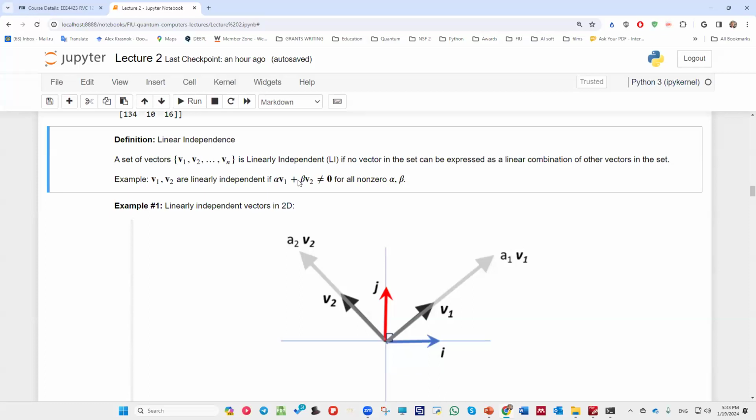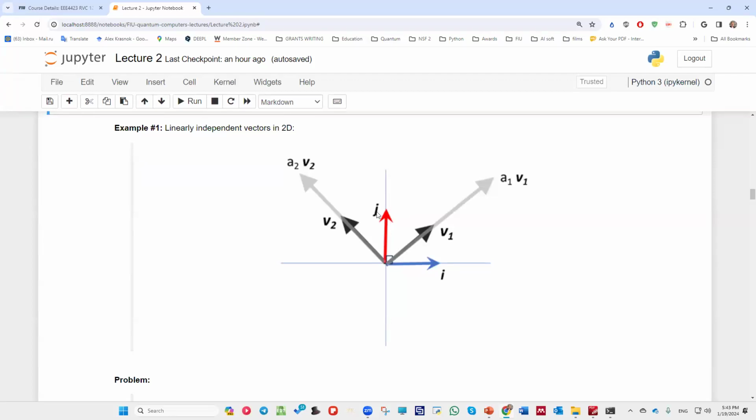Okay, so if alpha and beta are 0, then 0 is 0. This is trivial. But if you require alpha and beta not 0, then the vectors are called linearly independent if this expression is always non-zero for any alpha and beta.